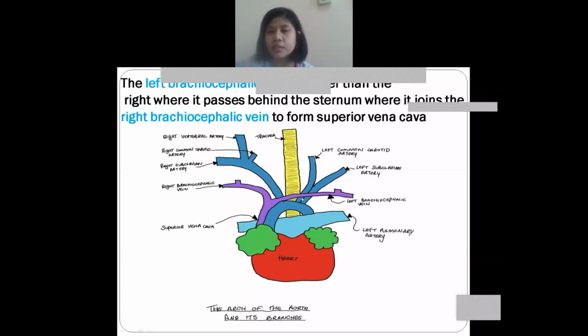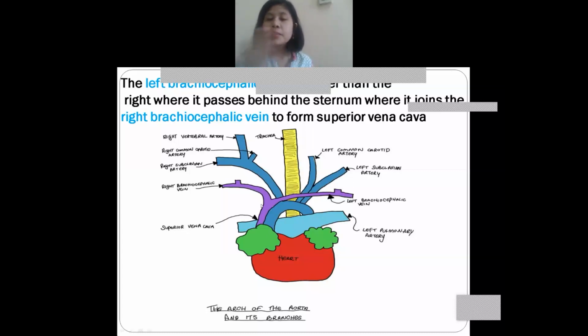Okay. So the left brachiocephalic vein, which is this, is longer compared to the right side. Understand? And it passes through your chest area, behind the sternum. The sternum is the bone in your chest, the thorax area, where your ribs meet.